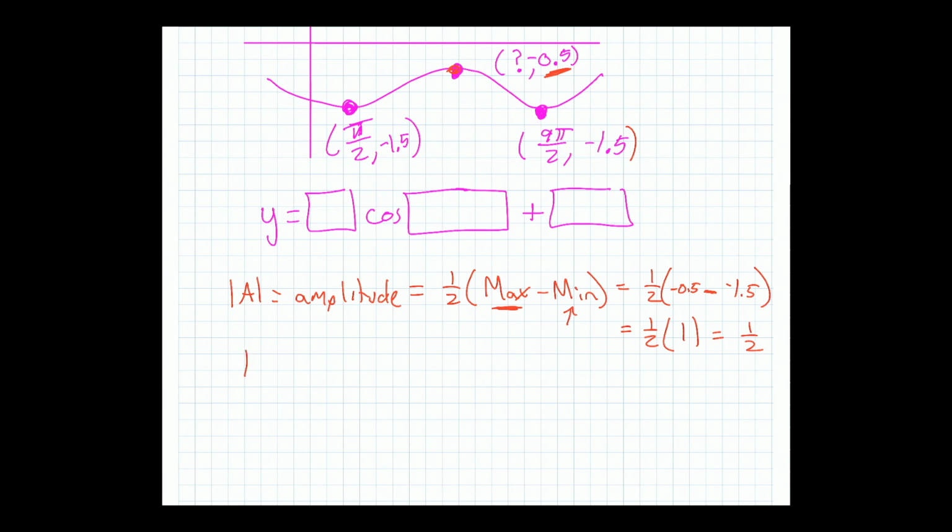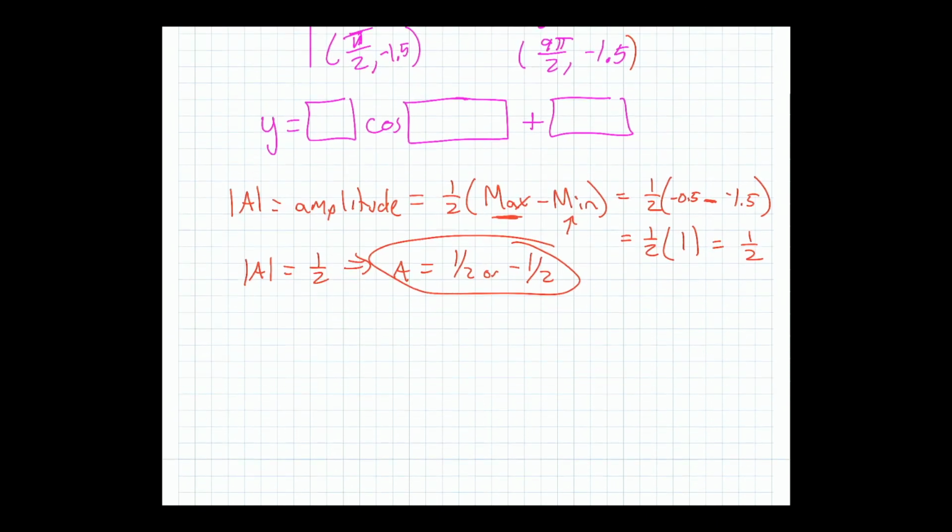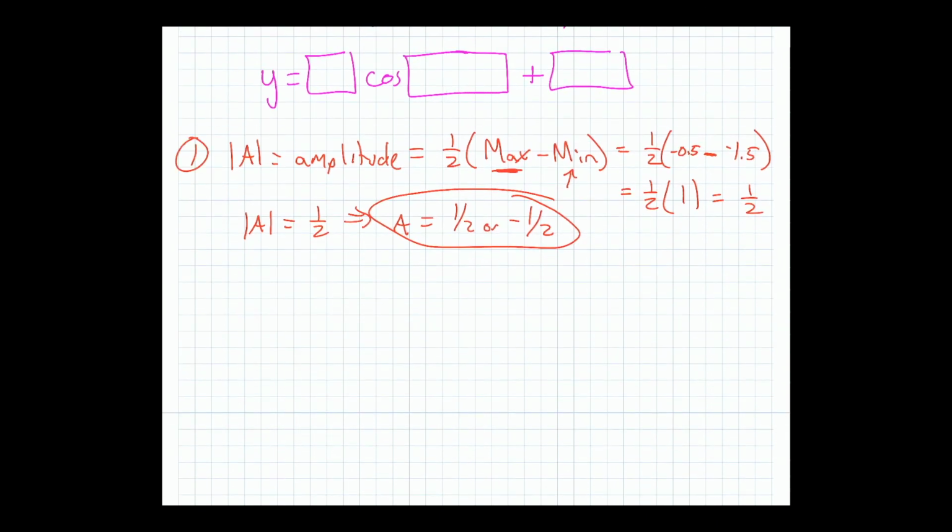So what we know is that the absolute value of A is 1/2. Now that means that A is either 1/2 or minus 1/2, and we don't know yet. I actually do know, but I won't explain it yet. Okay, so that's the first thing. You find the A, or almost find the A.